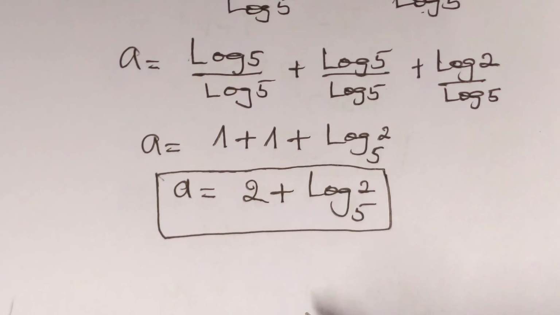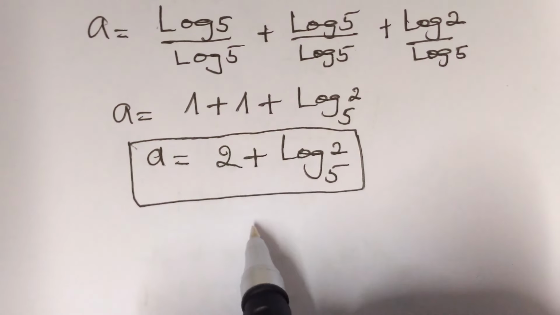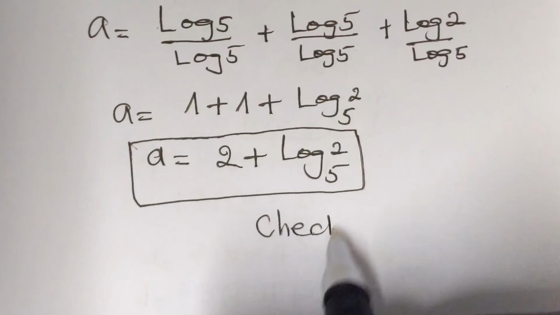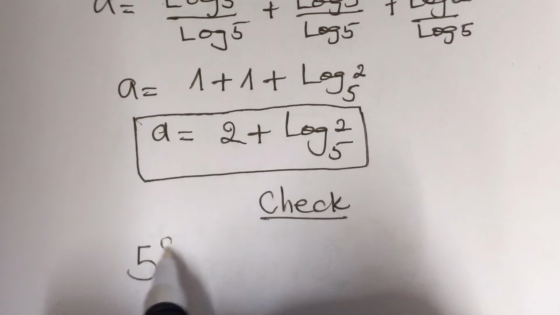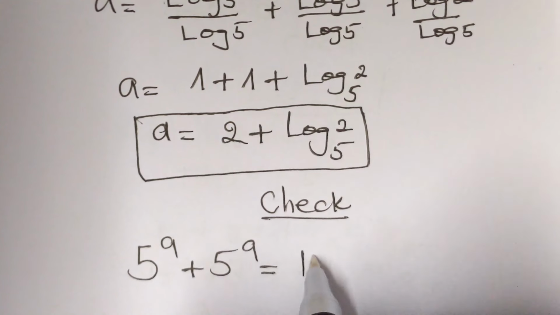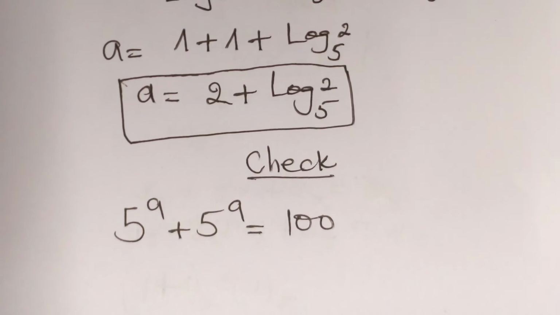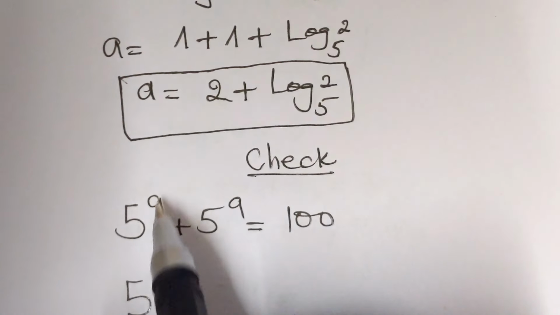And we always have to check if our answer is correct, because we have given here 5 power a plus 5 power a equals to 100, and we are going to replace this value of a.